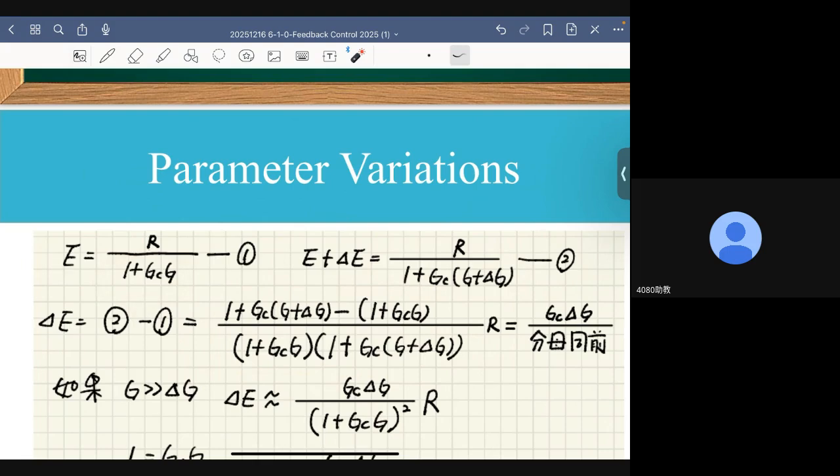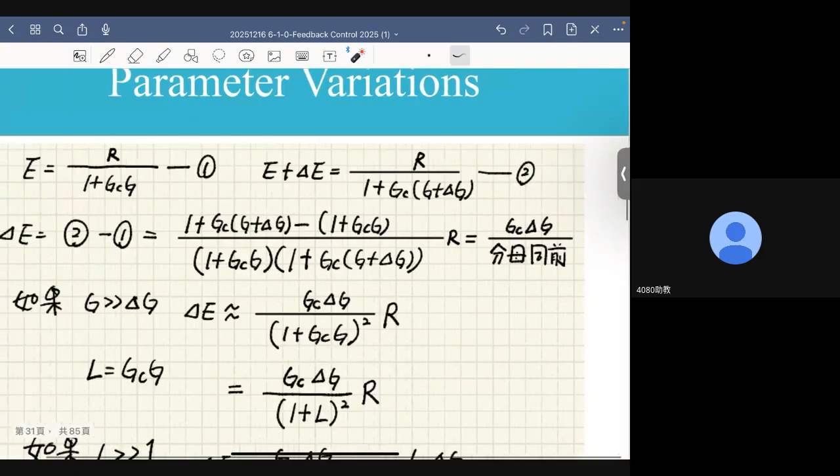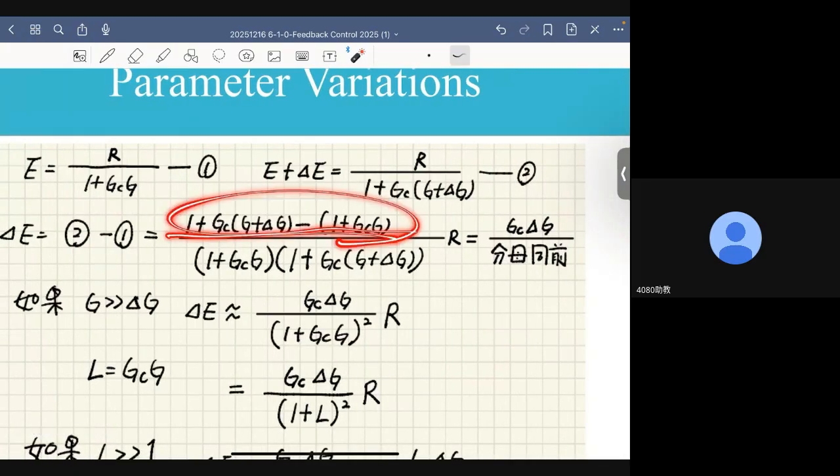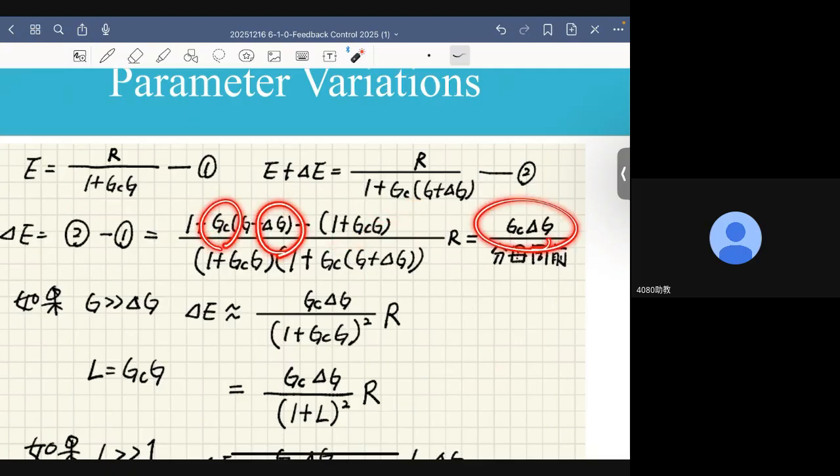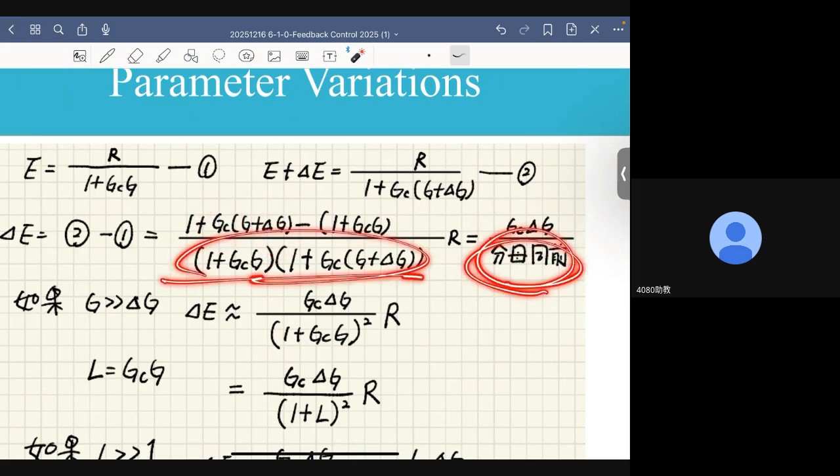Now, if that is the case, this is what I will get, all right? Now, after going through some mathematics, okay, we know that the numerator will become this, because this cancels out the other, and this cancels out the other. So the only remaining term is this times this, which is GC times delta G, okay? And the denominator is the same as this, okay?